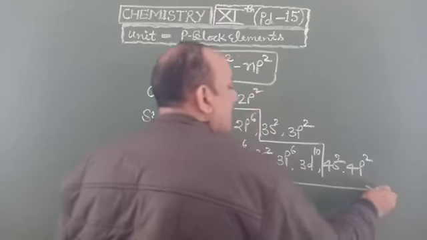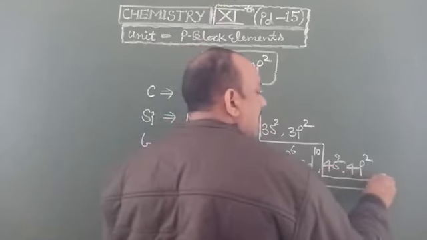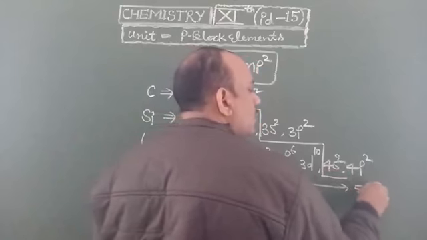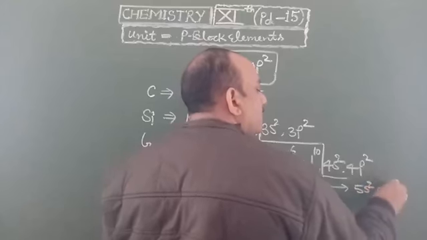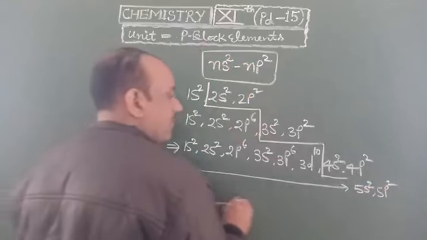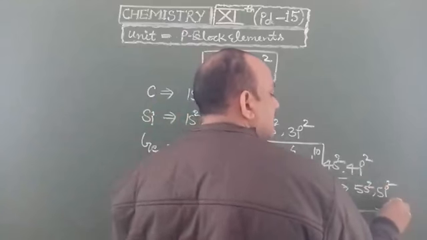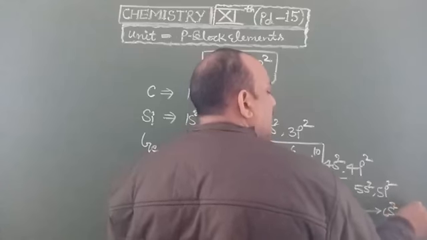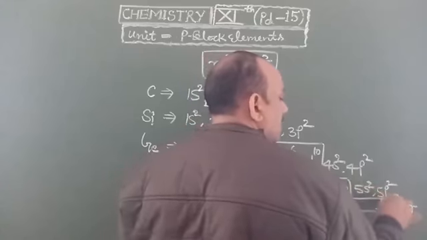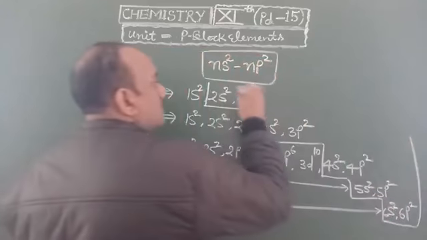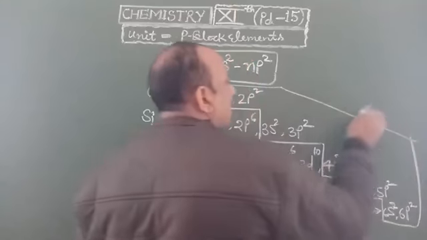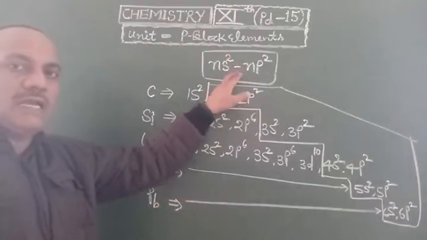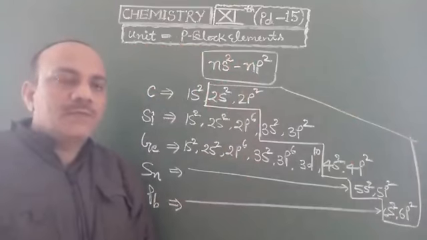Now for Sn, this series also increases: 5s2 and 5p2, and for lead 6s2 and 6p2. So we say that elements of fourth A group belong to this type of configuration, ns2 np2 type.